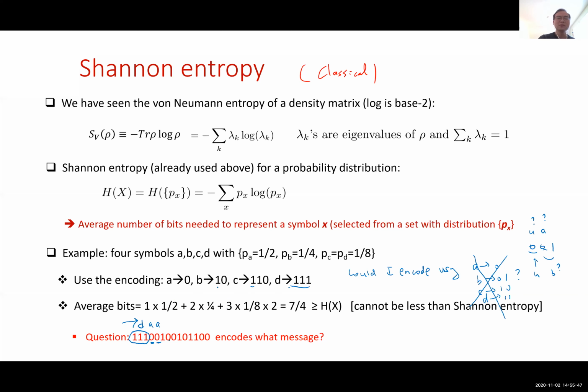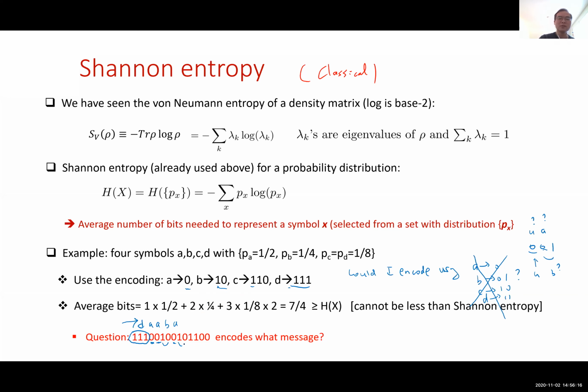Then I have 1 0. And I look up, there's unique 1 0. So I must assign this as B. And then the next is 0. 0 or 0, 1. Is there a 0, 1? There's no. Uniquely is 0, right? Then the next one is 1 0. There's no 1 1 0 1, right?